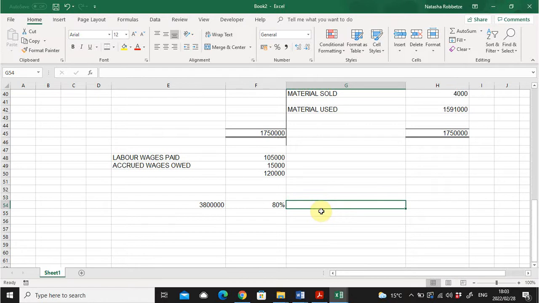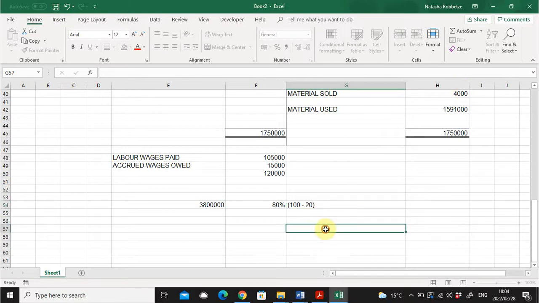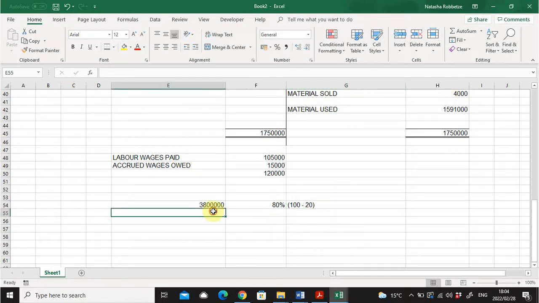So what does retention mean? It means to hold on to. So if they hold on to 20% of the money, it means the amount that we've already received should be 80% of the money. Or simply we can say 100 minus the retention rate of 20% is what we actually got. Now we want to know what 100% would have been, right?